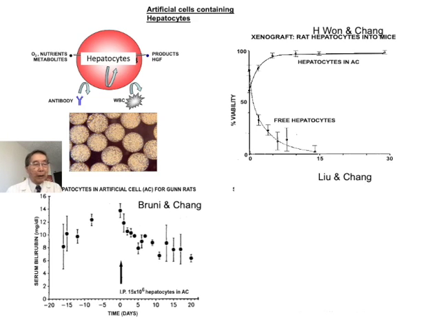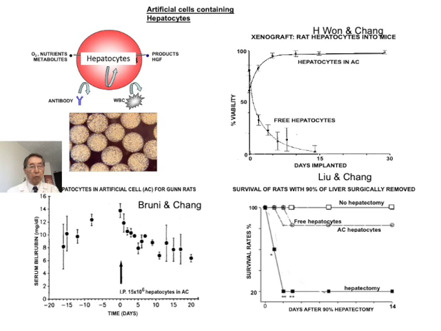This is an artificial cell containing hepatocytes in Gunn rats with congenital hyperbilirubinemia. The level of bilirubin in the animal increased. When you inject the artificial cell, it slowly decreased back to normal.